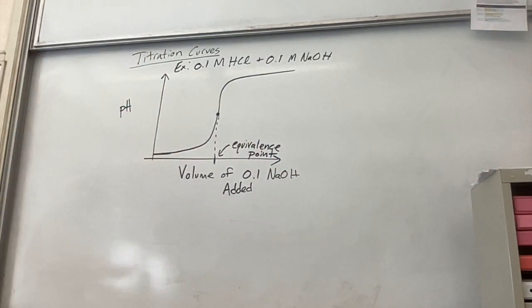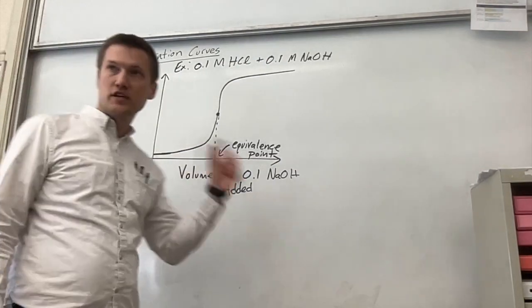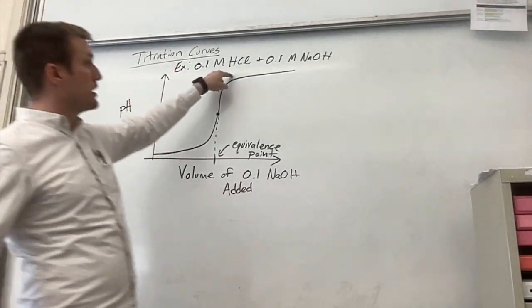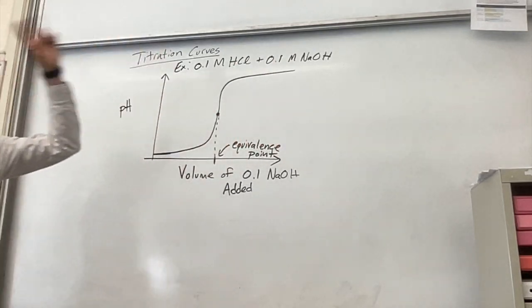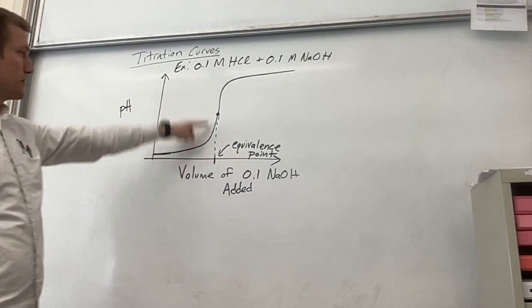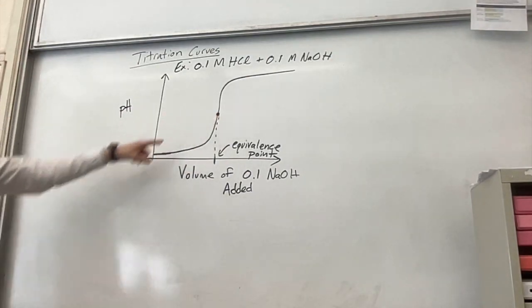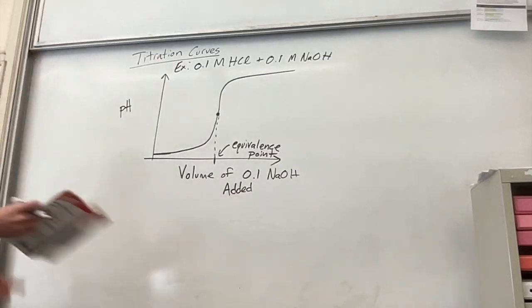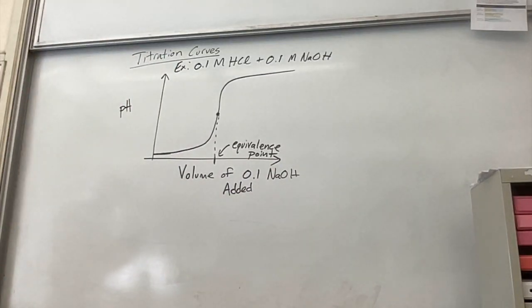The equivalence point is where you have exactly stoichiometrically matched the amount of H plus and OH minus. The number of particles is equal, so it's perfectly neutralized. Every one H plus has been neutralized by one OH minus. Okay.